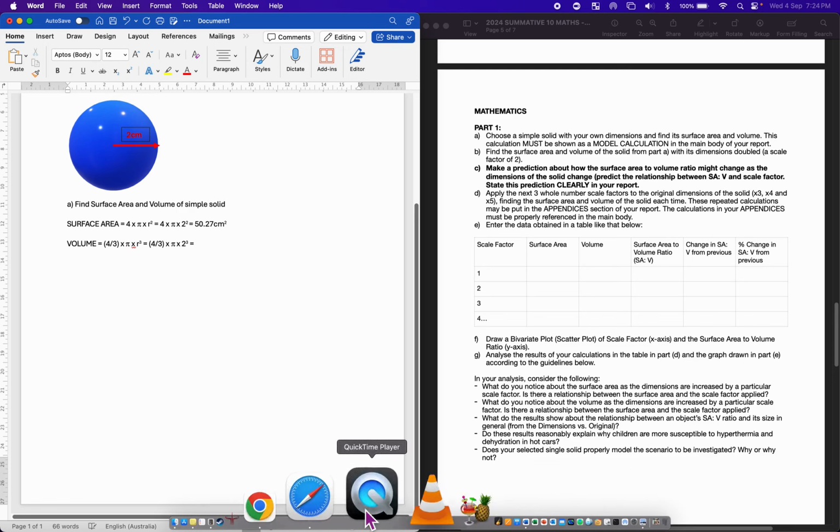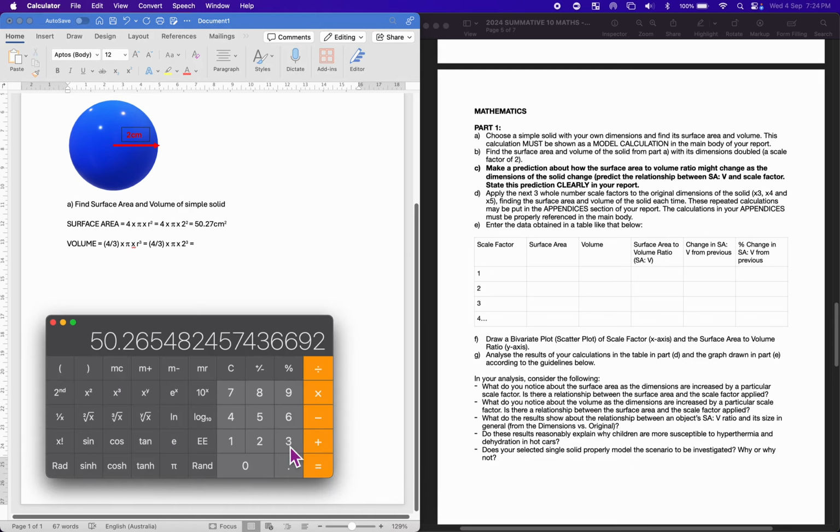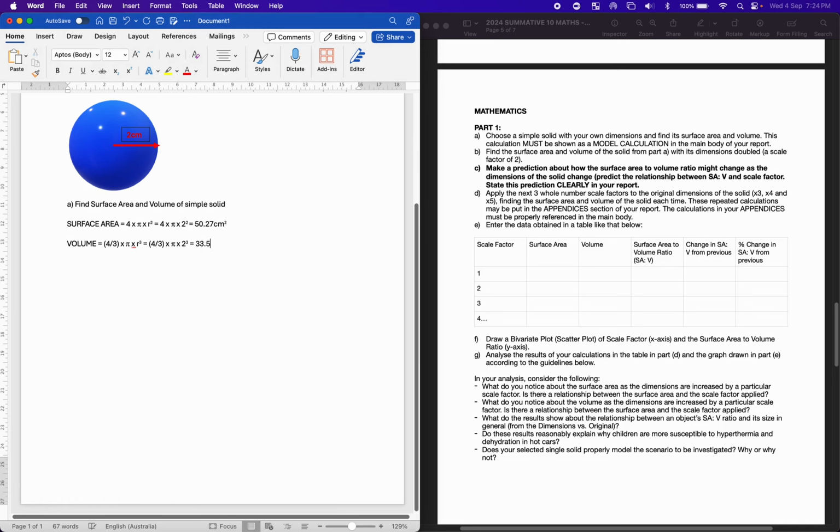Calculator time. 2 to the power of 3 is 8 times pi is 25.13 times 4/3, so I times it by 4 and divide the answer by 3. That gives me volume 33.51, and it's volume, so centimeters cubed.